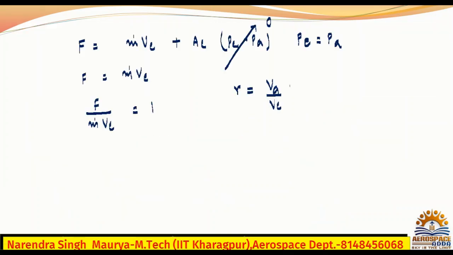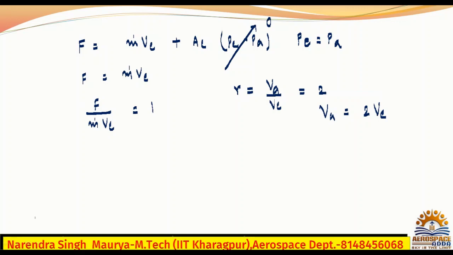So if R becomes 2, and for this they are asking the thrust force divided by M dot VE value. What is the meaning of this? R is equal to VA by VE, which is equal to 2. So VA is 2 times VE. Means the vehicle speed becomes 2 times the exhaust speed.